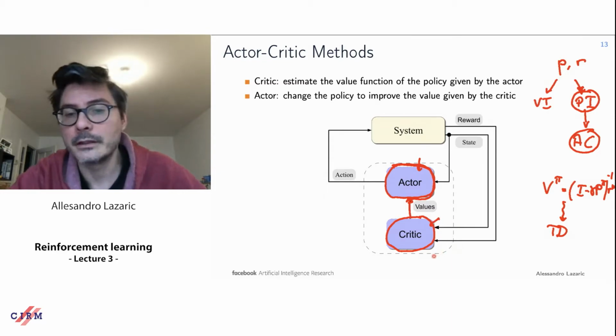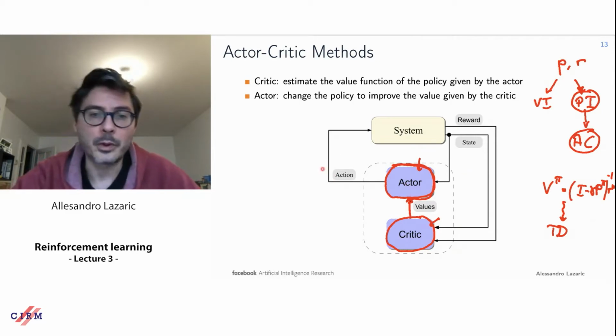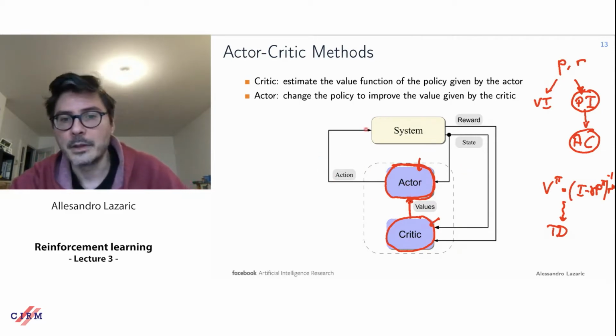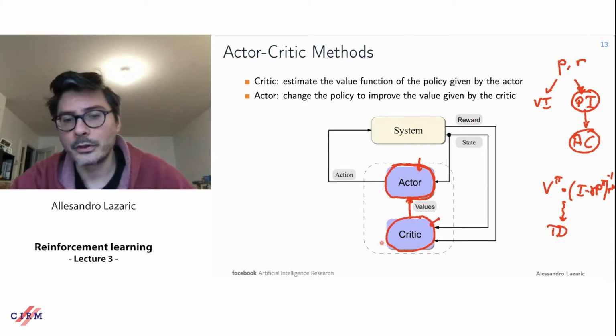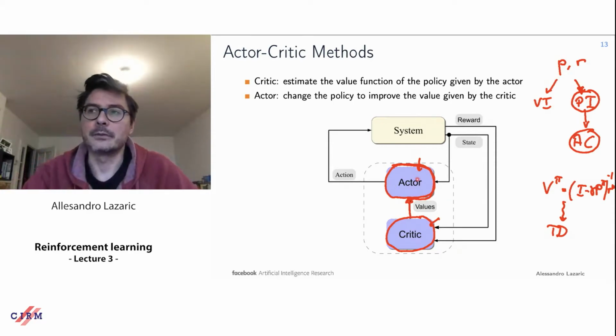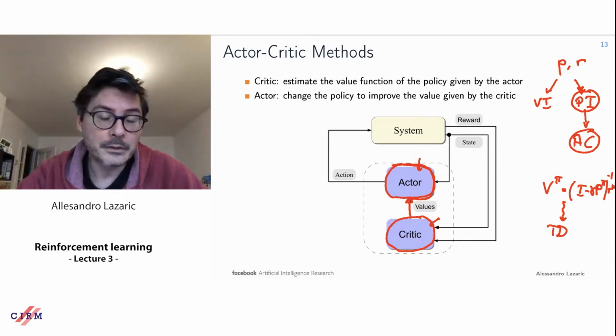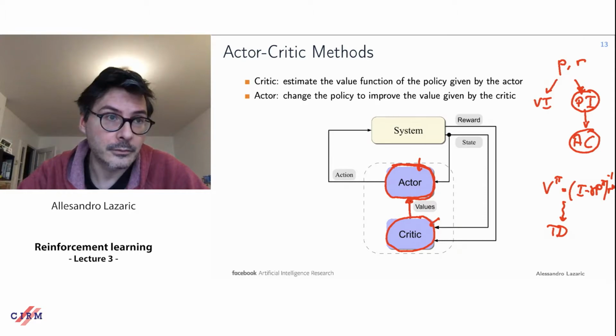But overall, the idea is that if I have something that executes policies over time, and another component on the side which is evaluating how well this performs and is also finding possible ways for the actor to improve performance, then effectively I have an algorithm that learns better and better policies. And if you remember the scheme of policy iteration, we had these two ingredients.